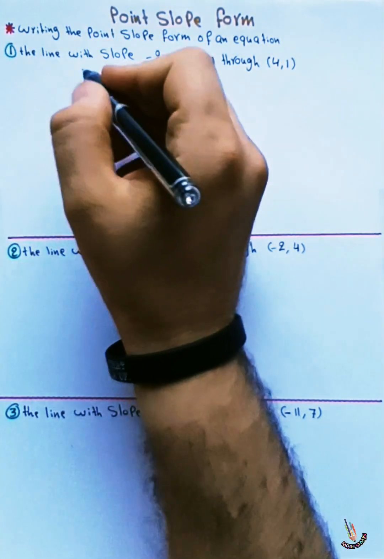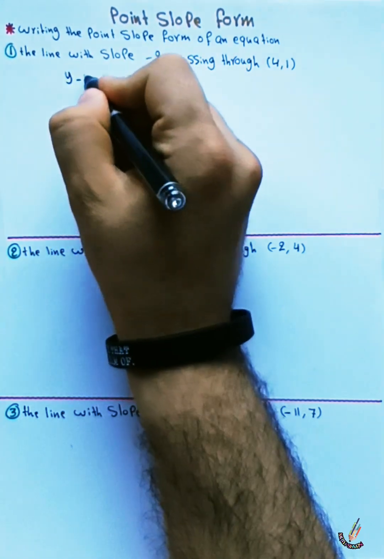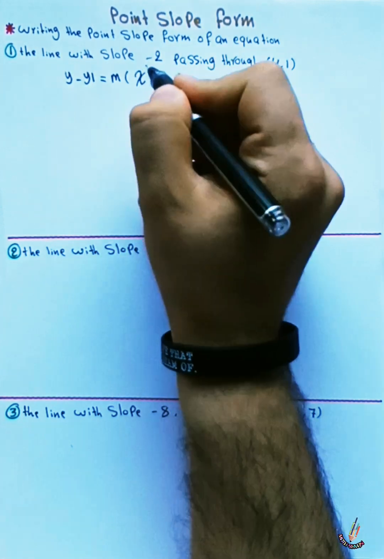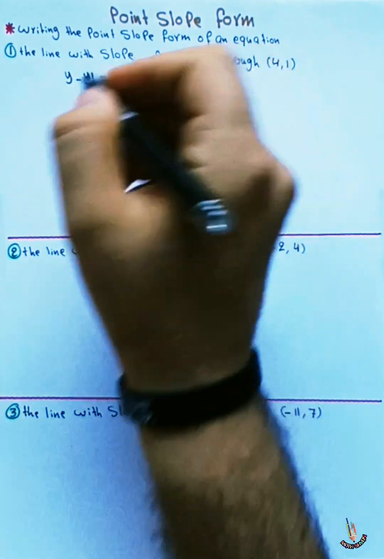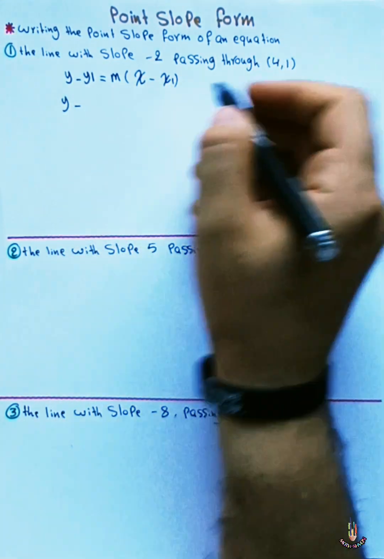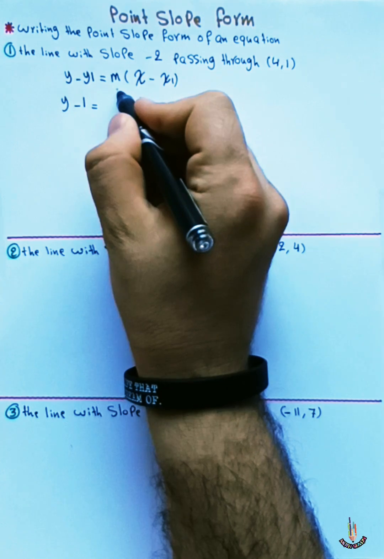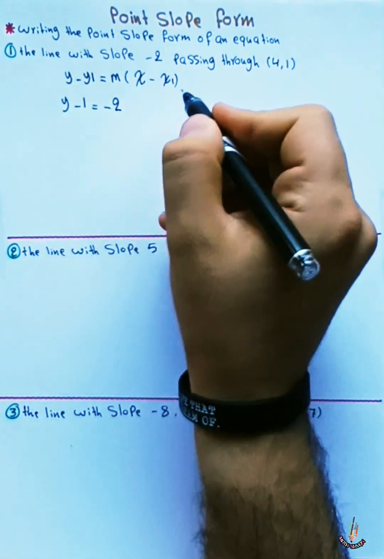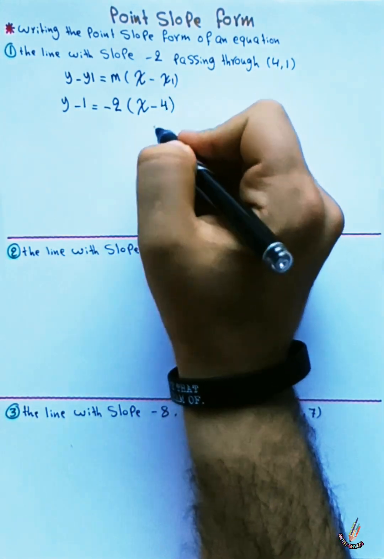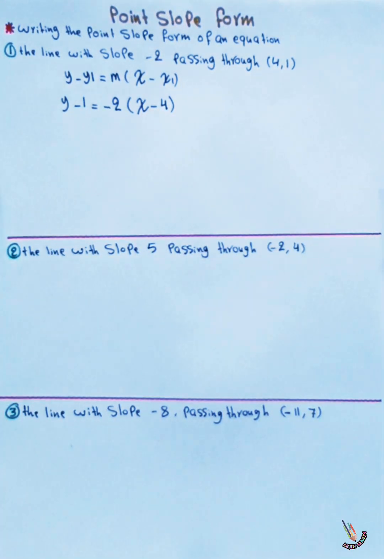The point slope form equation is y minus y1 equal to m times (x minus x1). So y1 is 1: y minus 1 equal to, the slope is negative 2, so negative 2 times (x minus 4), since x1 is 4. So this is the equation of the line with slope negative 2 passing through (4, 1).